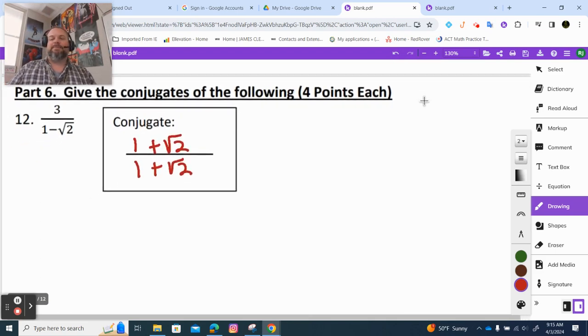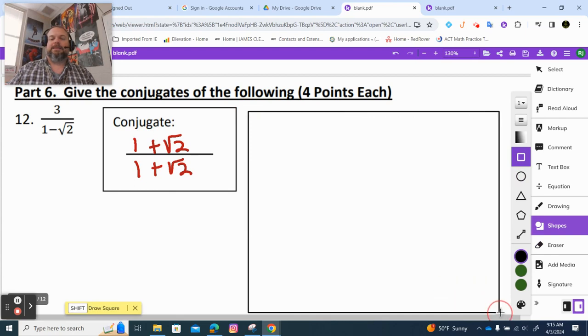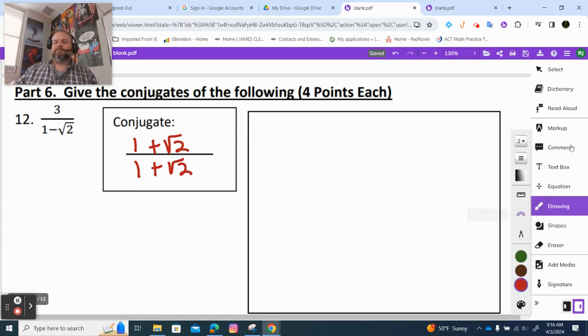Because there could be something like this, where it says bonus.